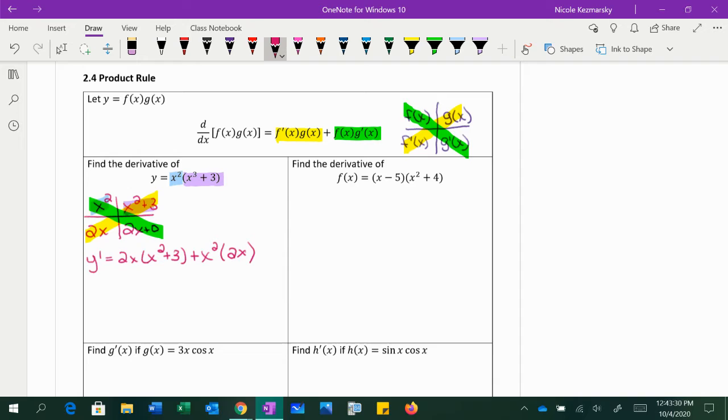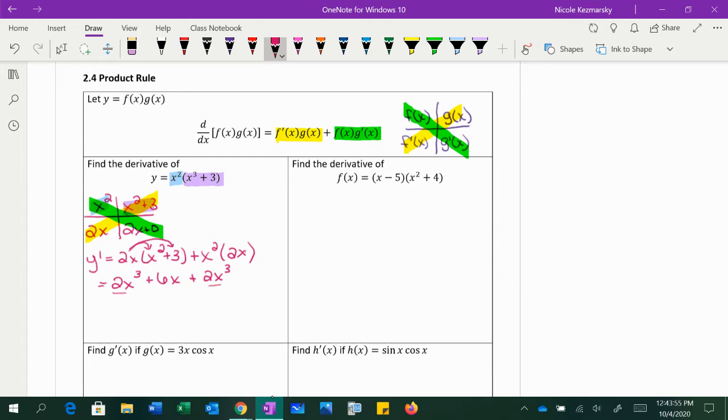And then I'm going to clean this up because I can take the 2x out front here and distribute it into the parentheses. There's nothing stopping me. There's no exponent on the parentheses that would stop me. So that gives me 2x cubed plus 6x. And then the second term, that's just x squared times 2x. So that's 2x cubed.